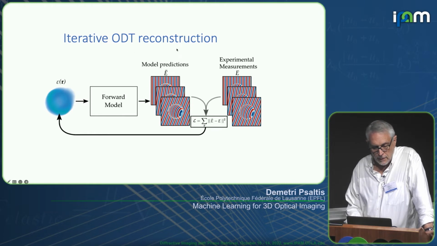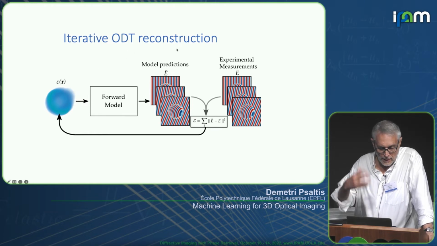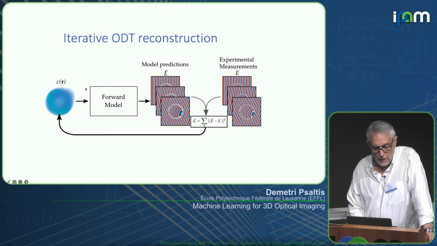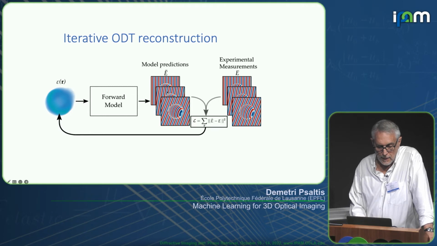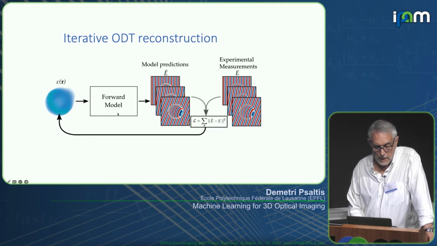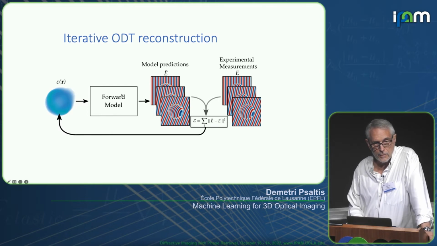So the idea is to use an iterative reconstruction, which is similar to the learning tomography I showed you earlier. So you have an index of refraction you're trying to guess from the experimental measurements. And you need a forward model, which before I showed you is BPM, to predict these measurements. In the previous case, the BPM forward model contained inside it the index of refraction, and we directly minimized for that.